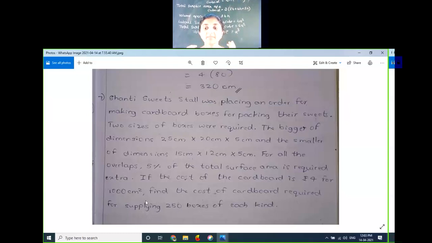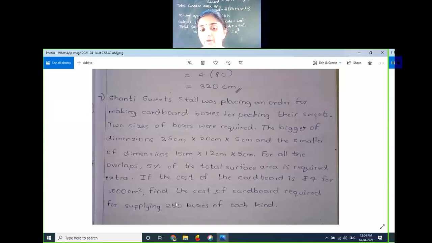Now, ultimately, we have to find out the final amount for the sweet boxes. What is that cardboard amount we have to find out? 250 boxes of the bigger dimension and the smaller dimension. So the total amount we have to find out.